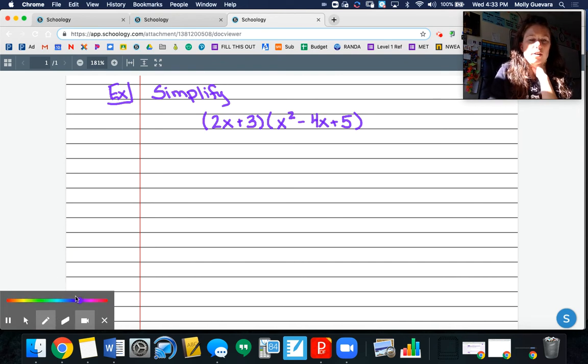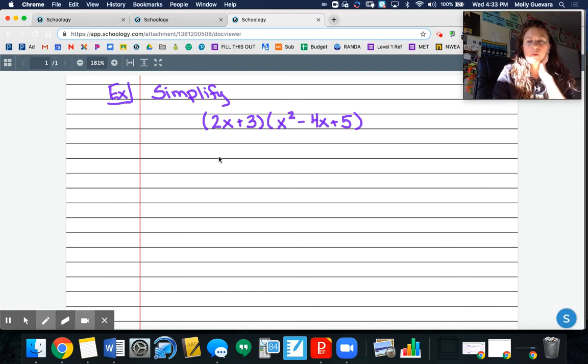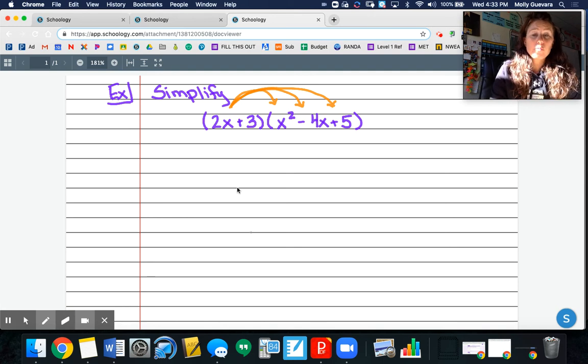So here, the most important part to remember is distributing properly. So when I distribute, I am going to take my first term in the first parenthesis, and I'm going to multiply it by all 3 of the terms in the last parenthesis. In this case, there's 3. If there's 4, it would be all 4. But you multiply the first term in the first parenthesis by every single term in the other parenthesis.